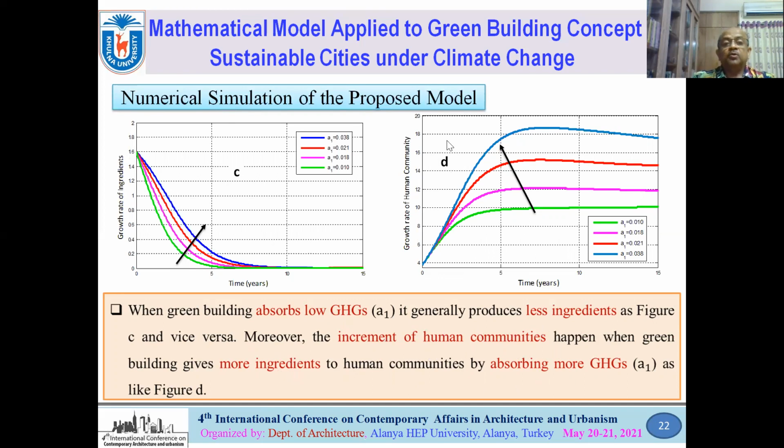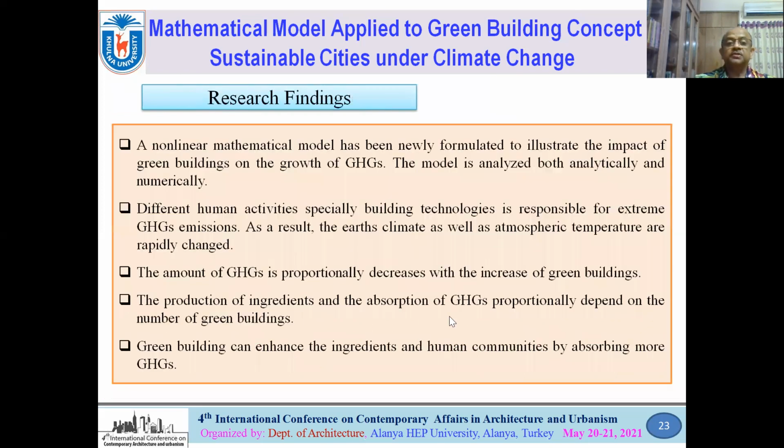So this is very important, and it is shown that if we can increase the green buildings all over the city, or for the sustainable cities, our greenhouse gases can be reduced significantly, which can reduce global warming for the sustainable development goal and for the sustainable cities for our human communities.